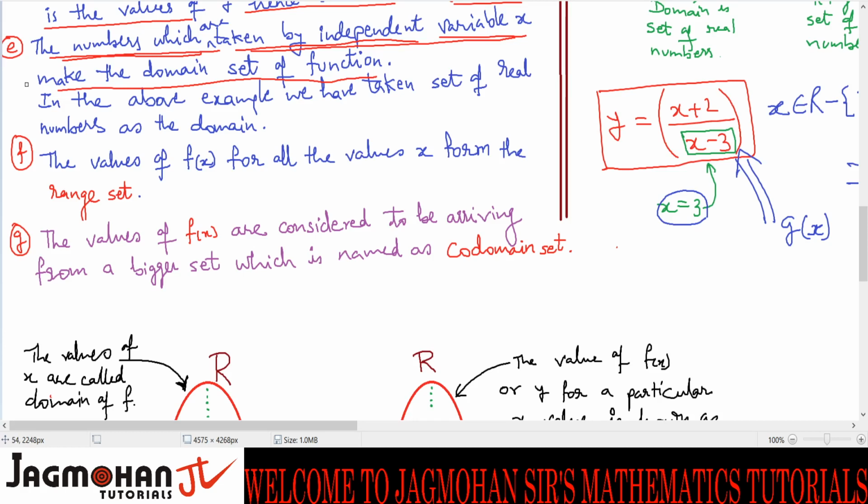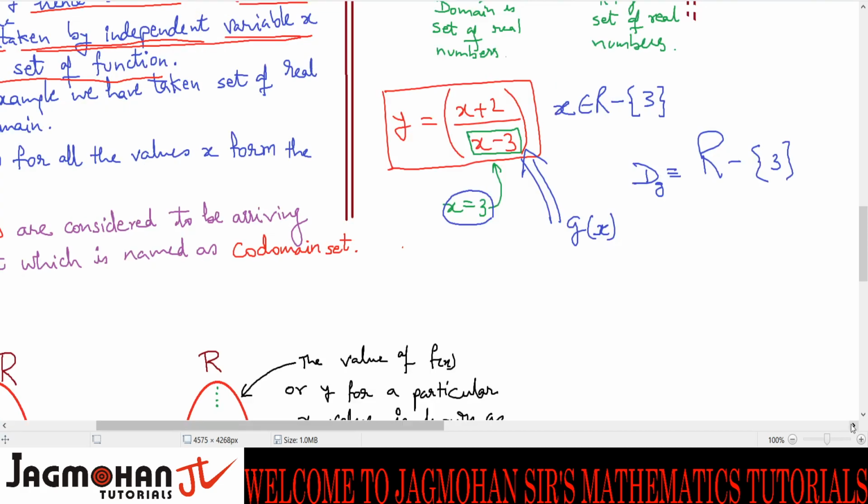That is, the domain is the set of permissible values which will go in place of x in the function. Here, what I understand is that this function is not defined for x equal to 3, and hence x is not permissible.